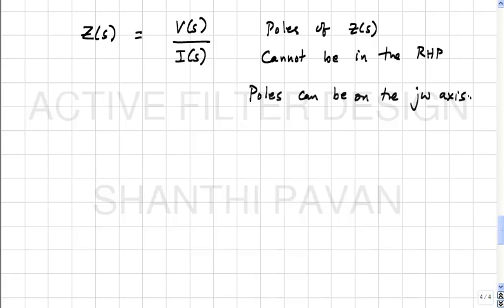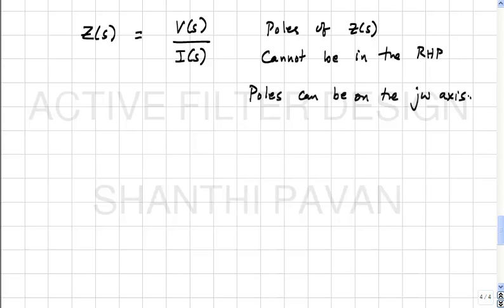But at this point, the only thing we can say is that the poles of Z of S cannot be in the RHP. What about the zeros of Z of S? Any opinions? Pardon? Correct.